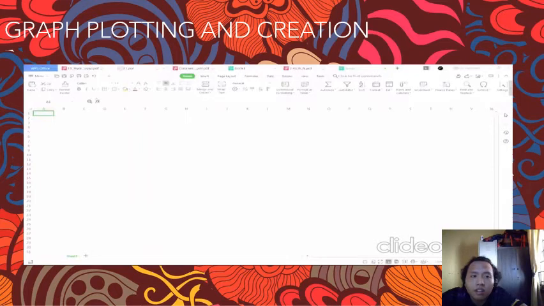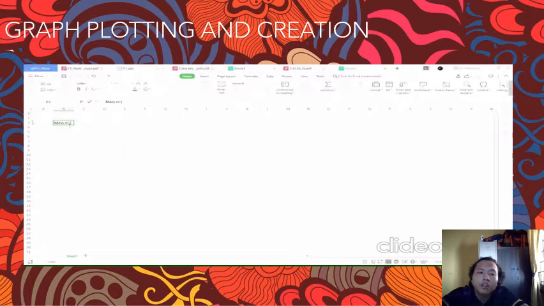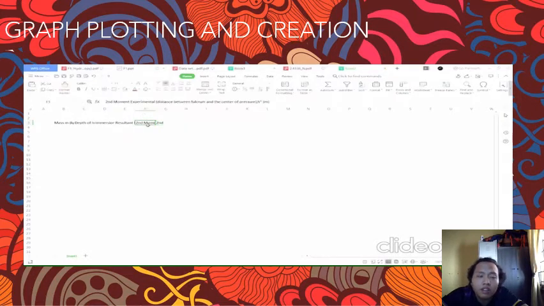Okay, this is graph plotting and creation. This is how I do graph plotting and creation. We key in the data in the lab sheet. After we key in the data, we zoom the table.